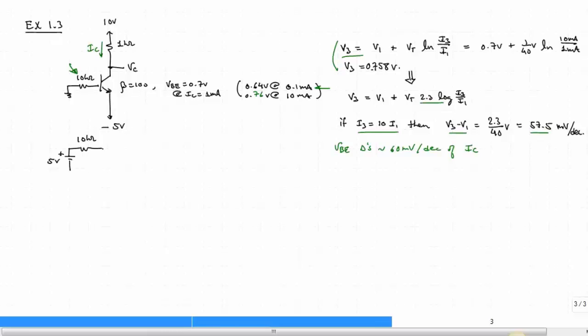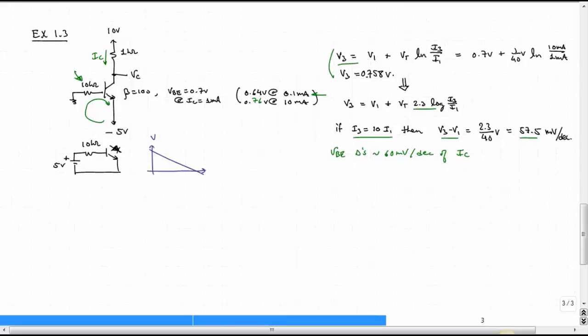If this isn't obvious to you, stop the video and think about it for a moment. But the original circuit has a net 5 volts in the loop that comprises the base resistor, the base emitter junction, and the voltage source. So I've just redrawn it here.